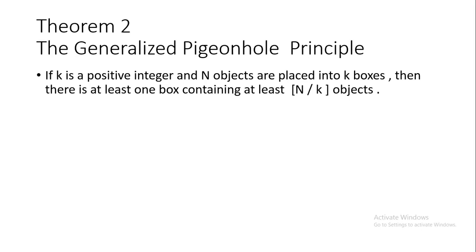That is the generalized pigeonhole principle. What does it say? If k is a positive integer and n objects are placed into k boxes, then there is at least one box containing at least ⌈n/k⌉ objects.